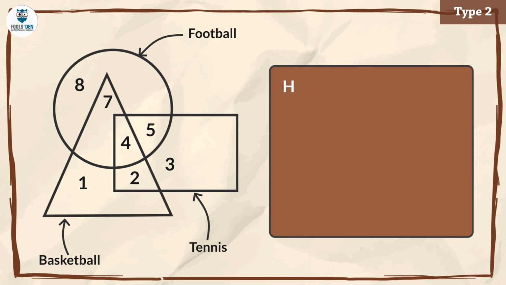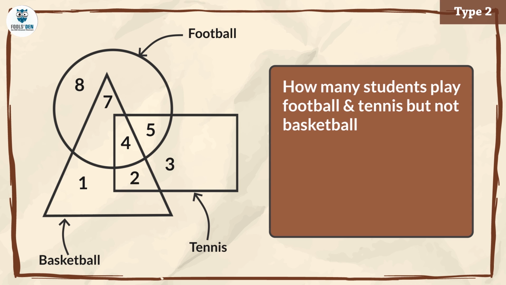Next, how many students play football and tennis but not basketball? Now that's a tricky one. So let's try to break the question down into smaller parts. First, let's read the first part of the question, football and tennis. As we did in the last question, football and tennis represents this area. Then the question says, but not basketball.